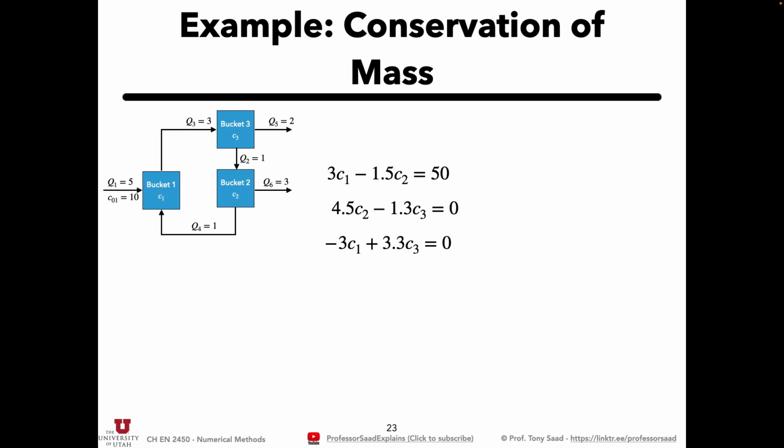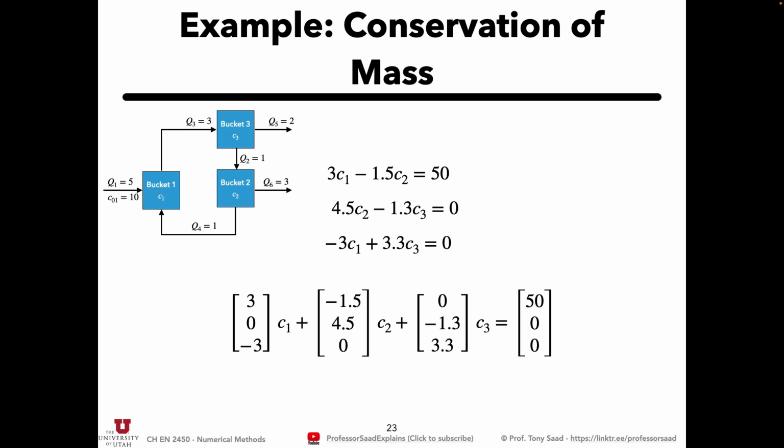If you do that, then you can write this system in this transitional form, where I have coefficient column vectors multiplied by the unknowns. And there's a reason why I'm doing this. To recover the original equations, this would be 3 C1 minus 1.5 C2 plus 0 C3 equal to 50.